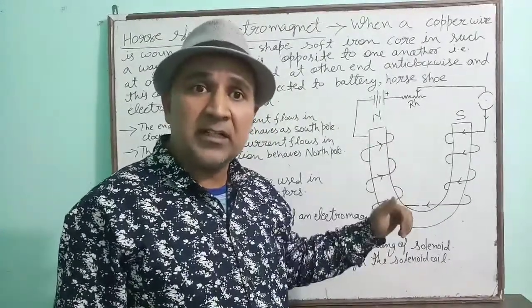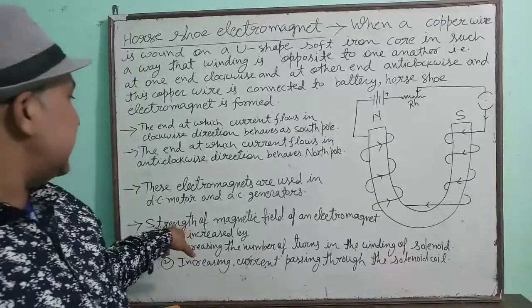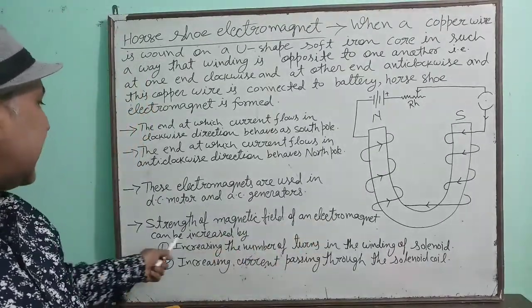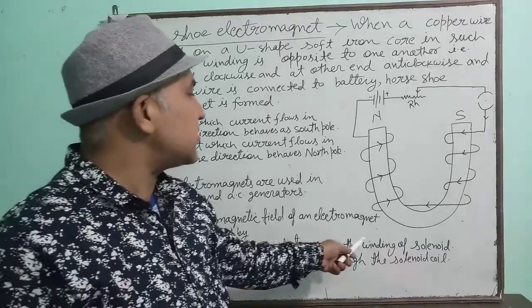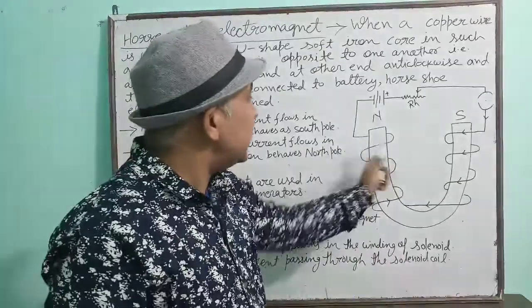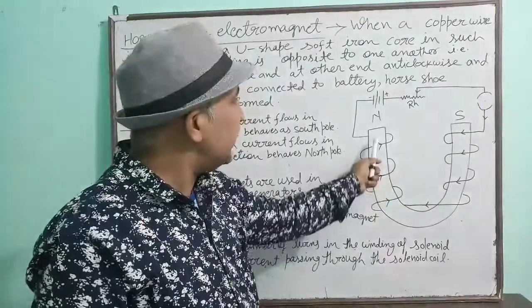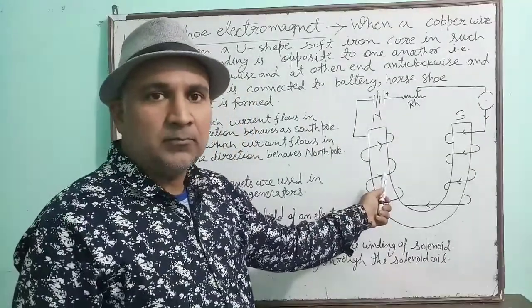And how can we increase it? There are two methods. The first one, see here: the strength of the magnetic field of an electromagnet can be increased by increasing the number of turns in the winding of the solenoid. Yes, children, we can increase the magnetic field by increasing the number of turns of the coil.